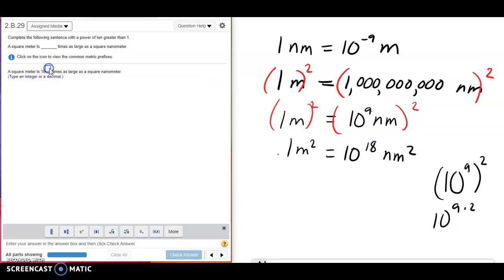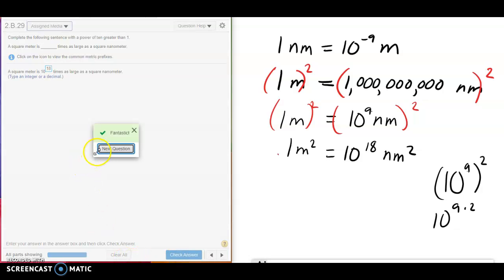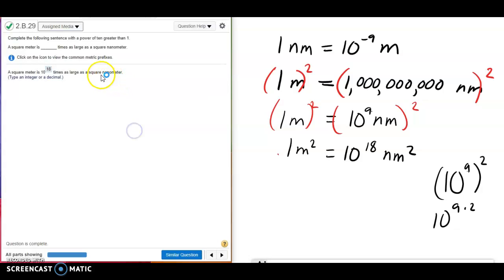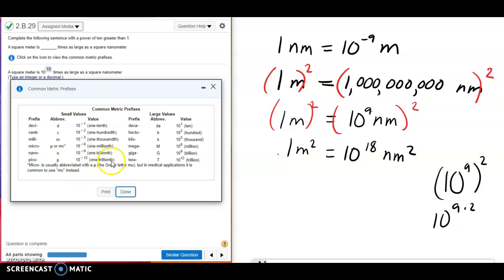So I'm going to plug that in, and I'm going to hit check answer. And I got it correct. So depending on what you see here, you're going to select the proper value. And then to convert it, you need to square both sides.